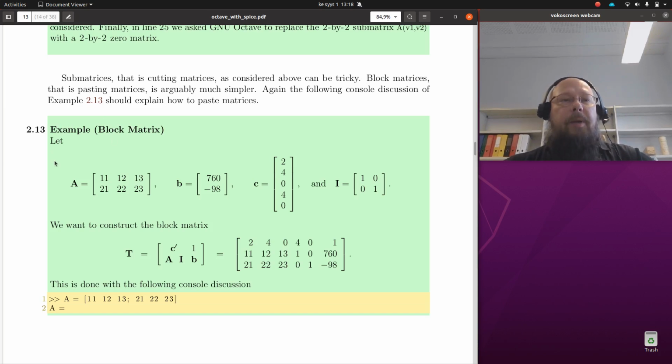Here again I've just decided to have some matrix A, it's this kind of matrix, B is this kind of matrix, actually a vector, but as I said, vectors are matrices. C is this kind of vector, and I is this identity 2 by 2.